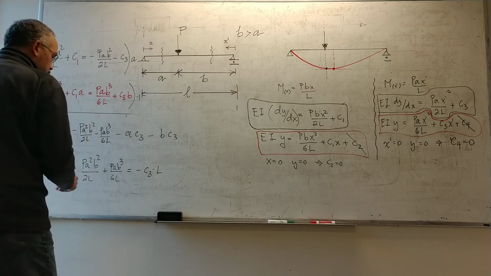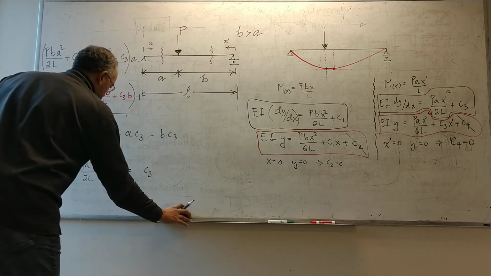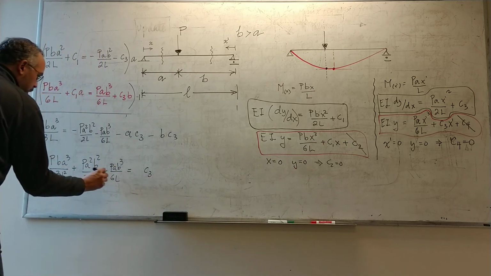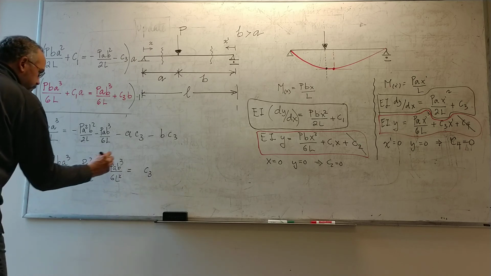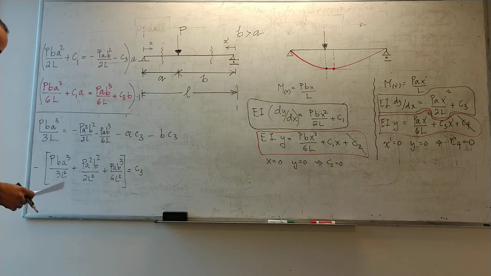So from here we can solve for C3 by simply dividing. We get a minus and then we get an L square down here. Right? So that's C3.